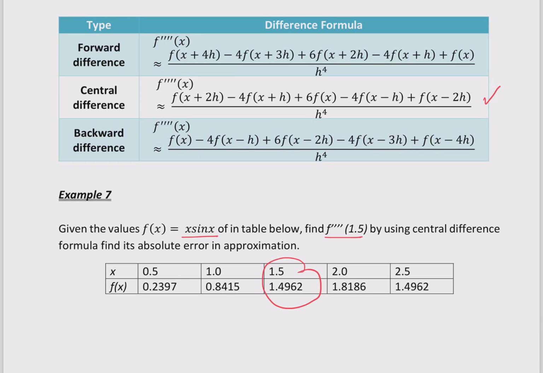We have two values backward, and we also have 2 values of your function forward, so that we can apply the central difference, because we have all these values of the function. For the fourth derivative, I don't need to do it, because it's the same step.